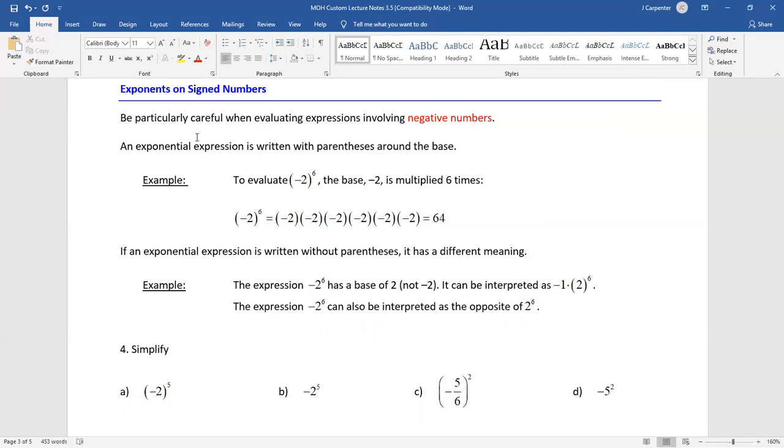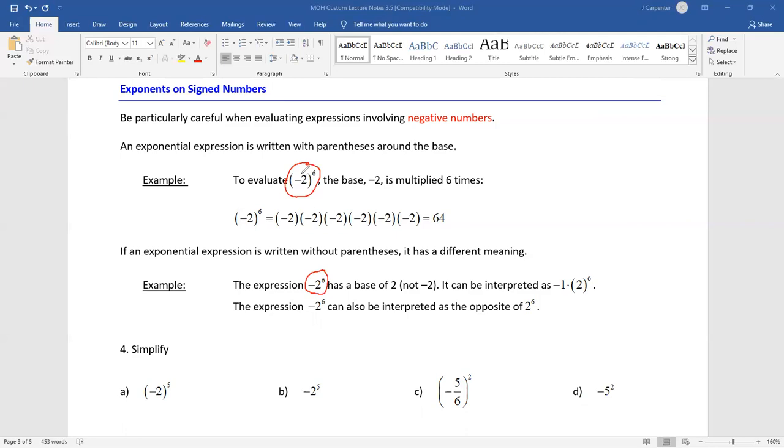So what am I talking about? It all has to do with whether you have a negative inside a parentheses with the exponent, or if it just has a negative and an exponent with no parentheses. These are two very different things. The way that these are worked out is two completely different ways.